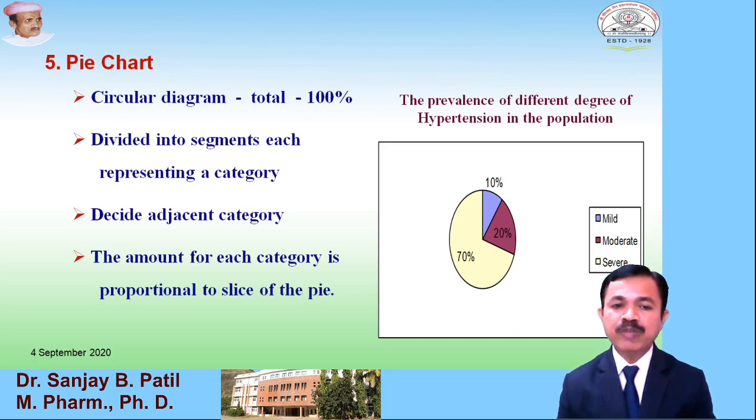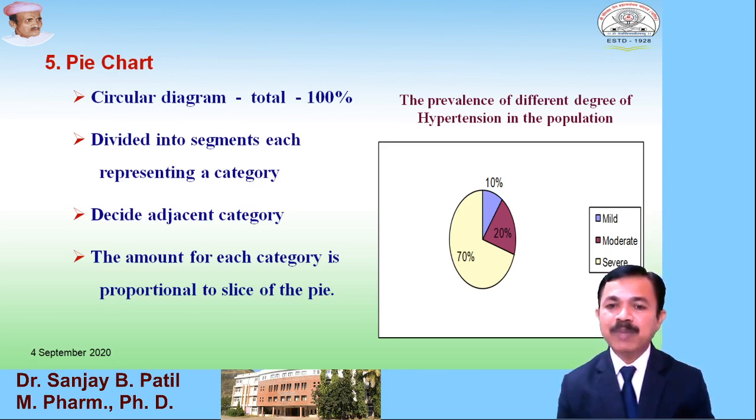So we have to divide the proportions for each category, how much percentage each category comprises, and what the corresponding angle representing that particular category is, and thus the circular diagram is drawn with appropriate angles.